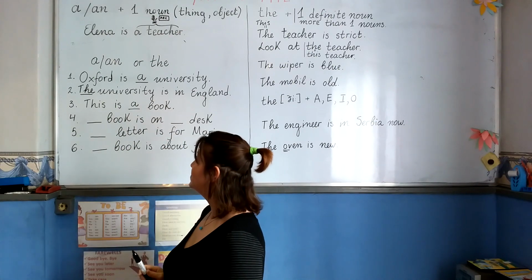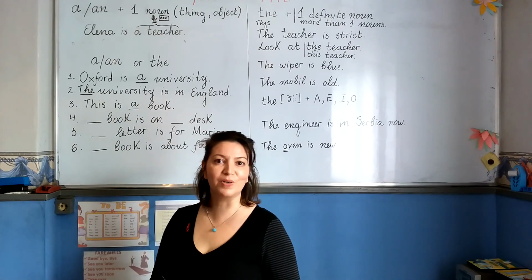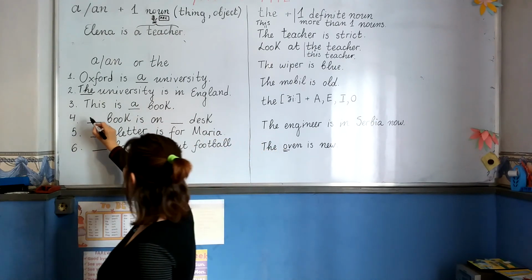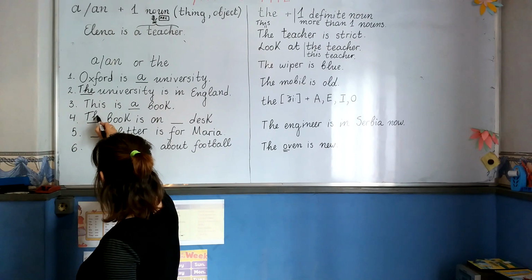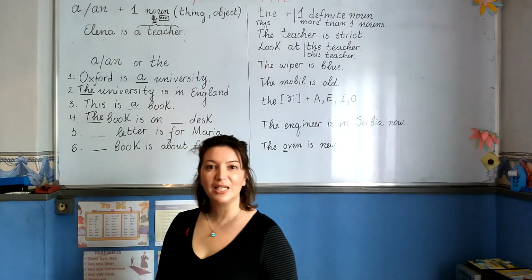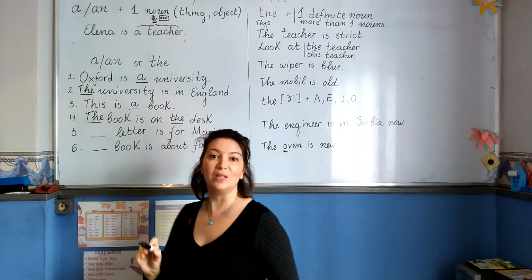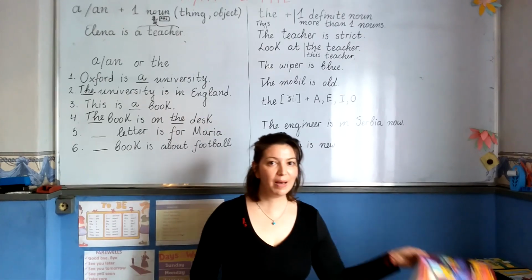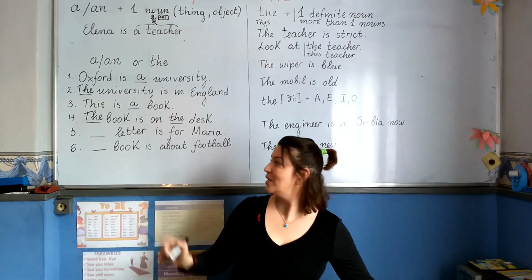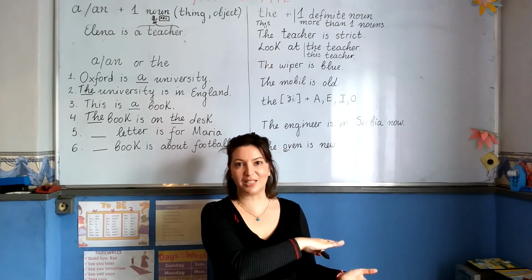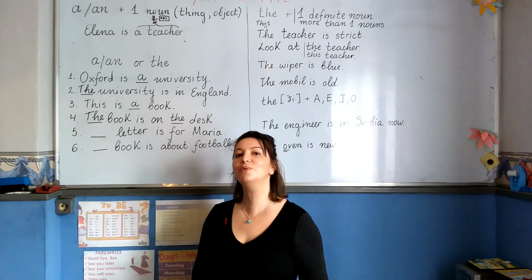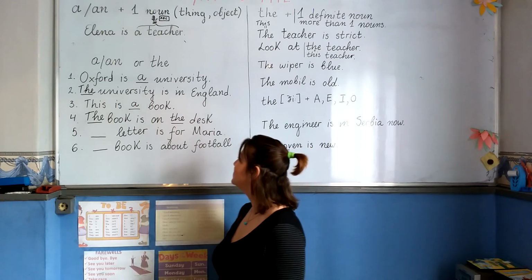This is a book. And where's the book? Right, the book is on the desk. When we know which book we are talking about, we know which desk it is on. Okay? The book is on the desk.